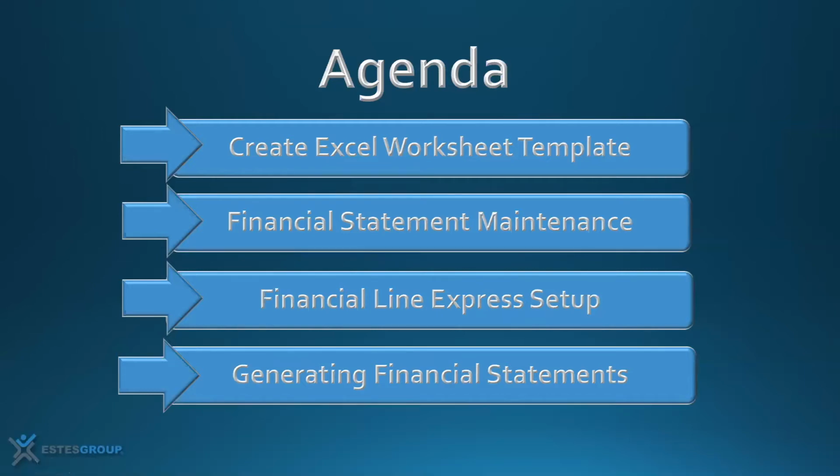That's where you're going to map all your GL accounts to where the data is going to total, where it's going to be merged together and put on your worksheet. And generating financial statements is a simple click of a button. You're also doing that in the same window where you set them up.